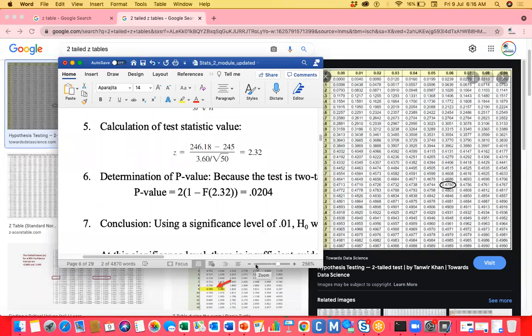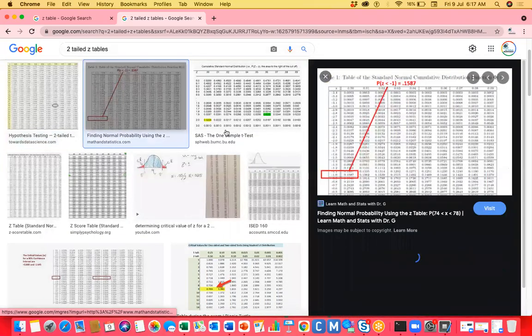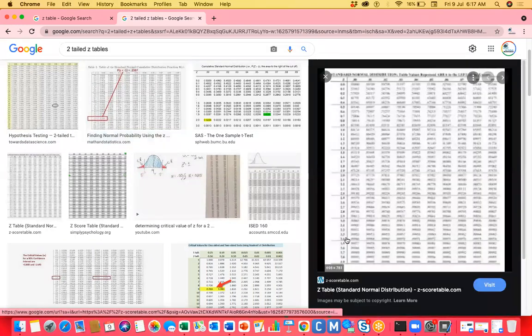So here is the calculation part: 0.0204 by 2, 0.01, 0.98, 0.098. It's 2.32, right?